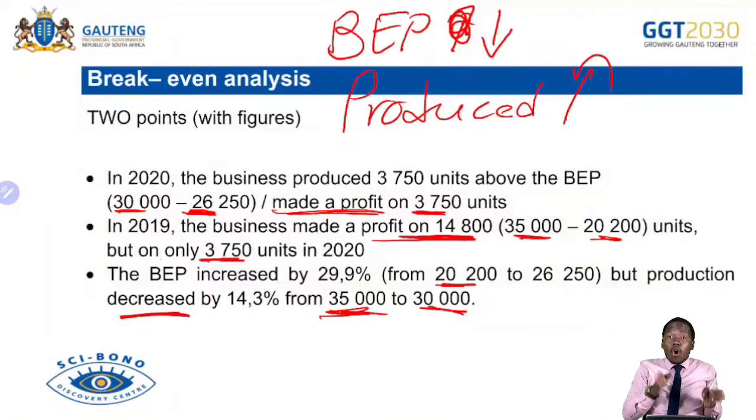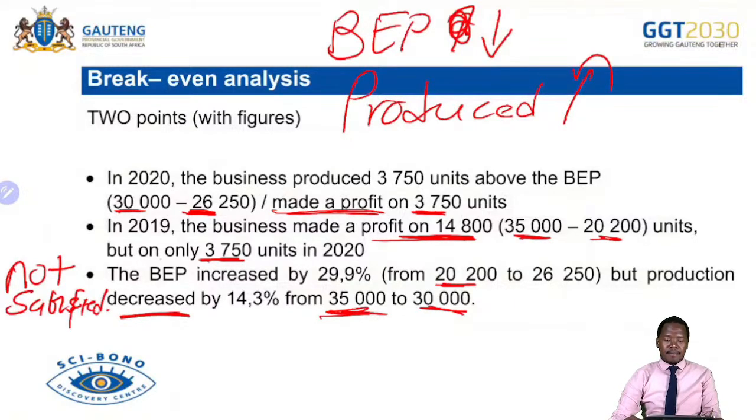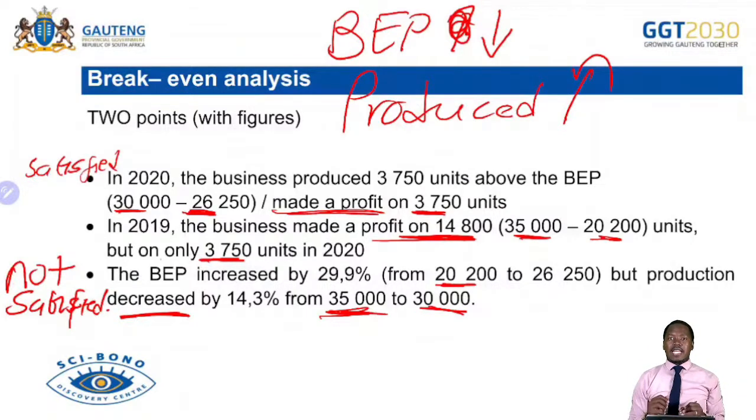One learner may say no, because my production decreased, and also my break-even point increased. So this means not satisfied. The last point is justifying why I am not satisfied. But the first point is justifying why I am satisfied. But the actual answer should just say not satisfied.